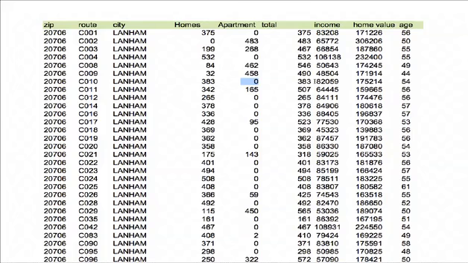Also, if you look here, you'll see that the average income in this particular mail route, and this is the 06C10 mail route here, is $82,059, and the average home value here is $175,214.